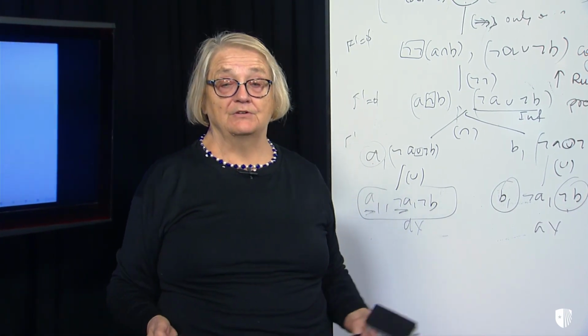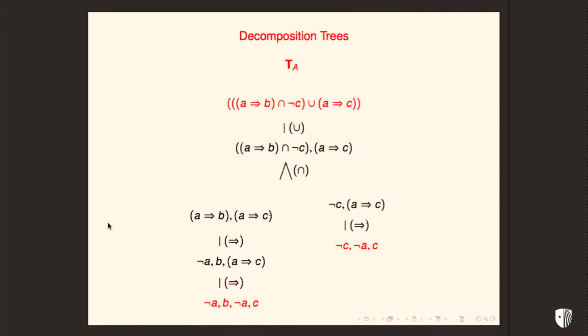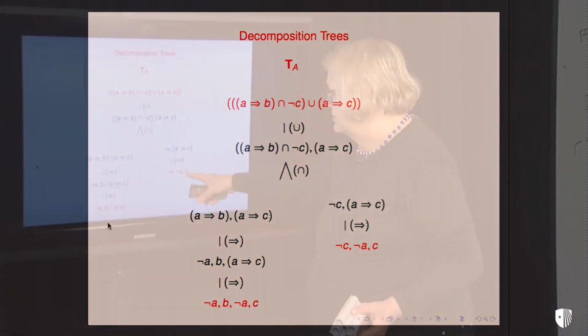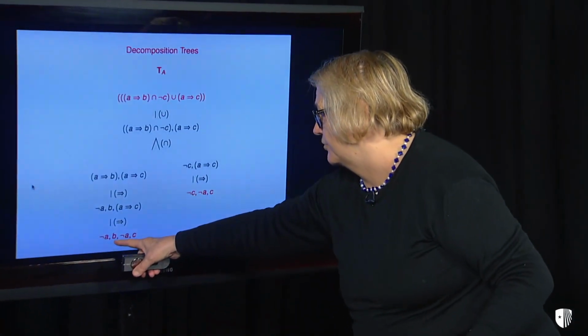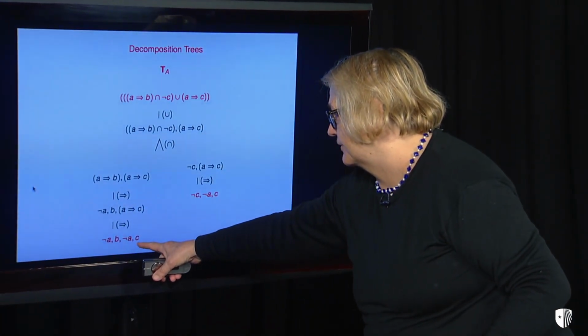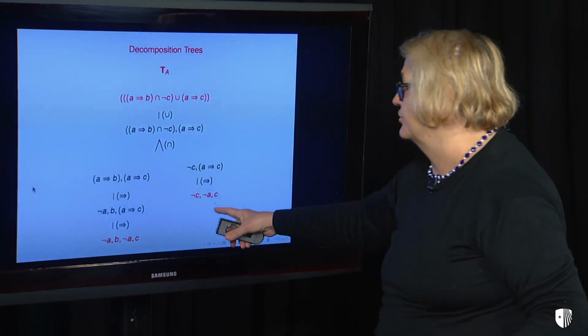So for example, here is a decomposition tree you build. Here is an axiom, and here is also, oh, this is not an axiom, you see? So this is not a proof.